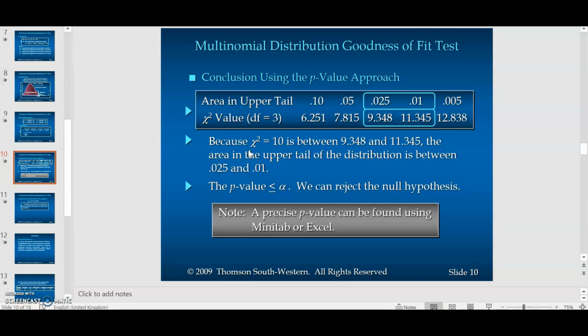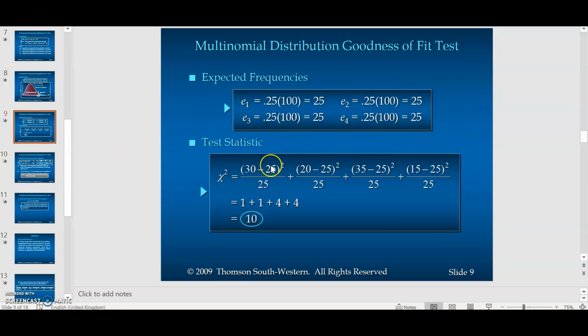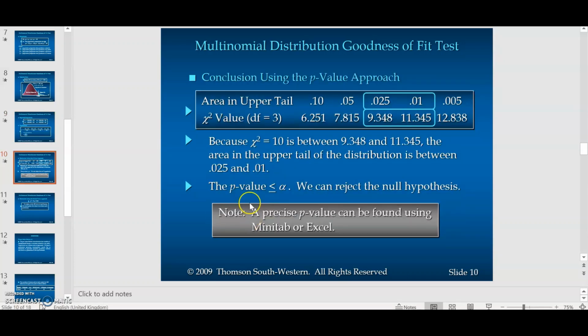Information number one is our chi-square test statistic. Information number two, our degrees of freedom. Our chi-square test statistic is equal to 10, while our degrees of freedom is equal to 3. We have 4 categories minus 1, so we have 3 degrees of freedom.